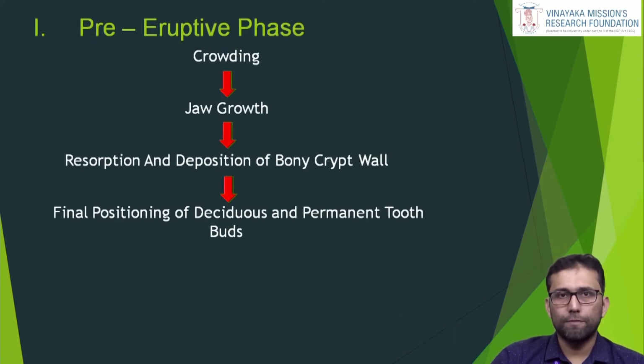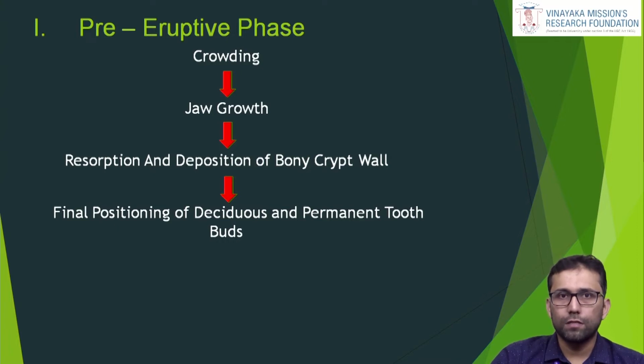Now coming to the first point, the pre-eruptive phase. The pre-eruptive phase is within the jaw, where the tooth has not yet started its axial movement towards the occlusion or the oral cavity. The factors determining it are crowding, jaw growth, and resorption and deposition of the bony crypt. For example, if there is resorption on the mesial side and deposition on the distal side, the tooth bud will move towards the mesial side.